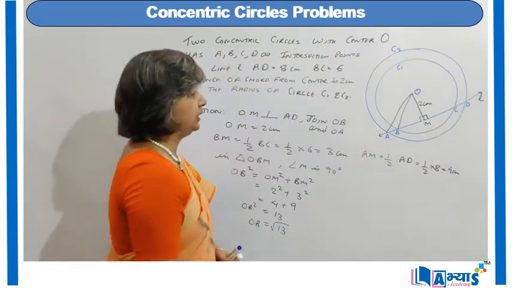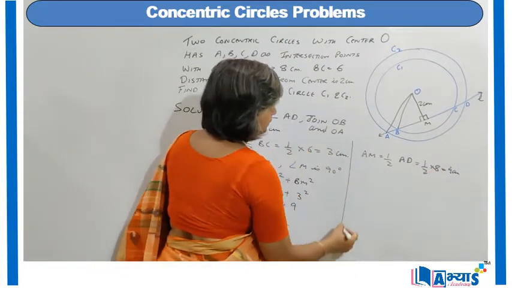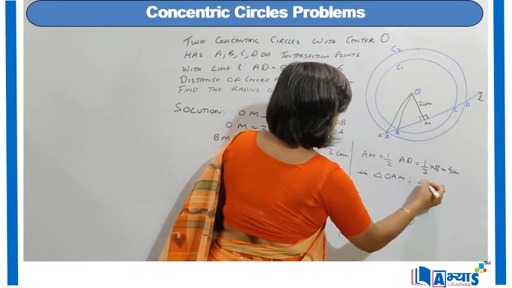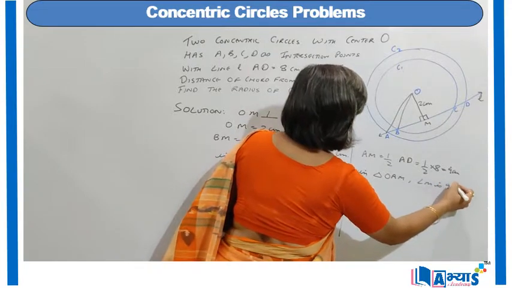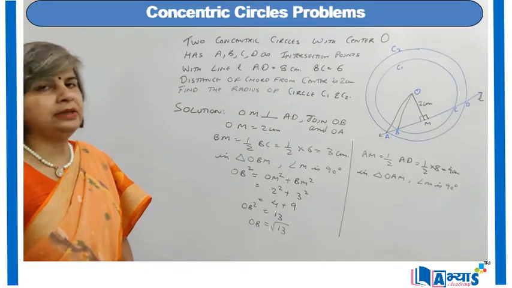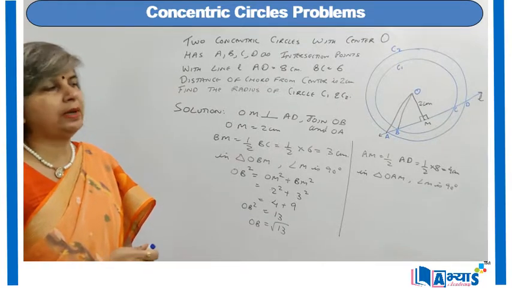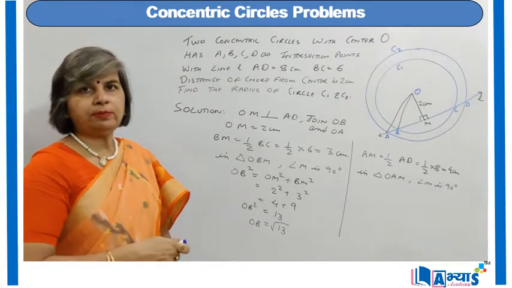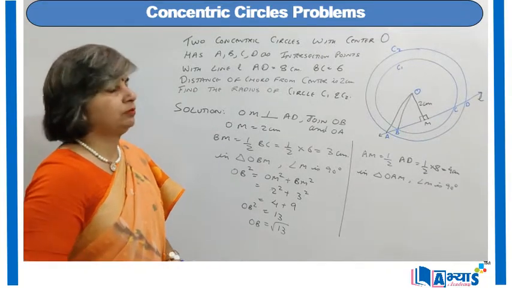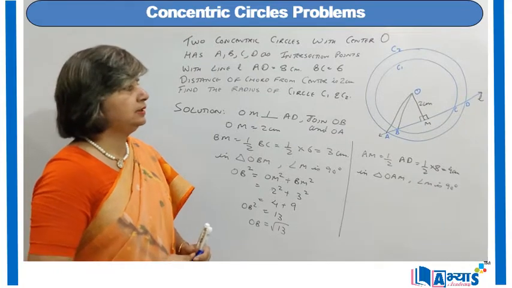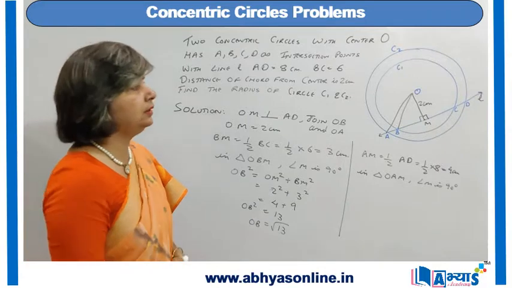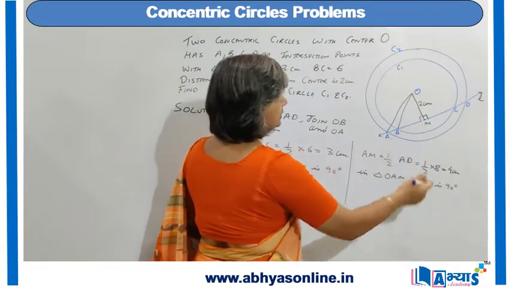Now AM is 4 centimeter, and again in triangle OAM, angle M is 90 degree. So we can say that OAM is a right triangle, and we can apply the Pythagoras theorem. According to Pythagoras theorem, the square of the hypotenuse is equal to the sum of the squares of the two sides, and in this case OA is the hypotenuse because it is opposite to the angle M, which is 90 degree.